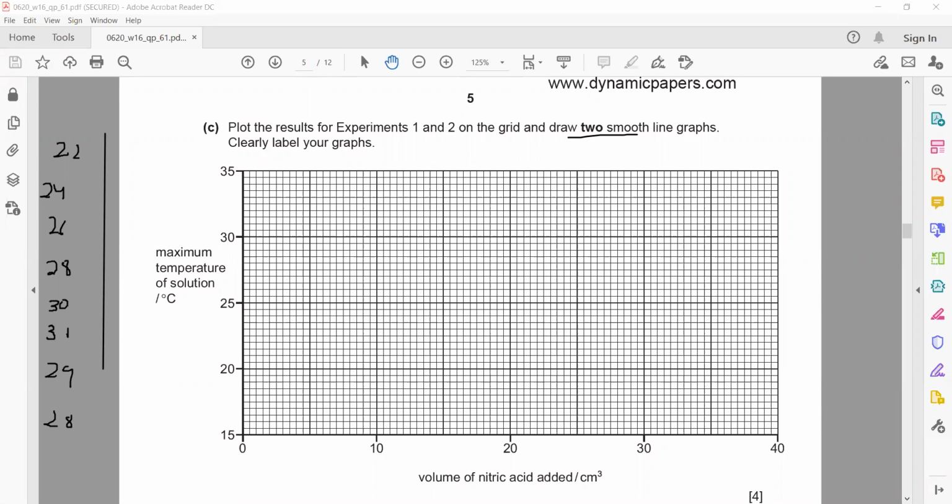And then the second one, it started with 20, 21, 22, 23, 24, 25, 24, 23, and 22.